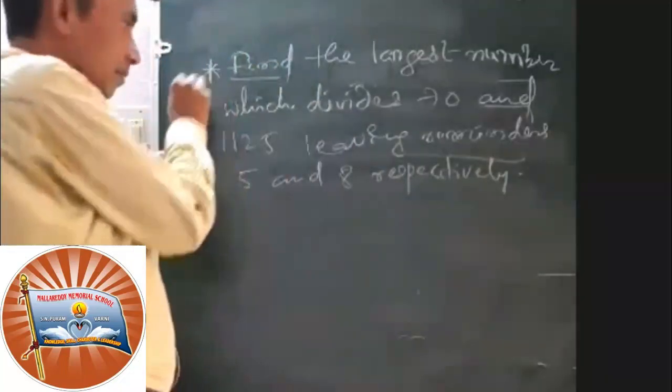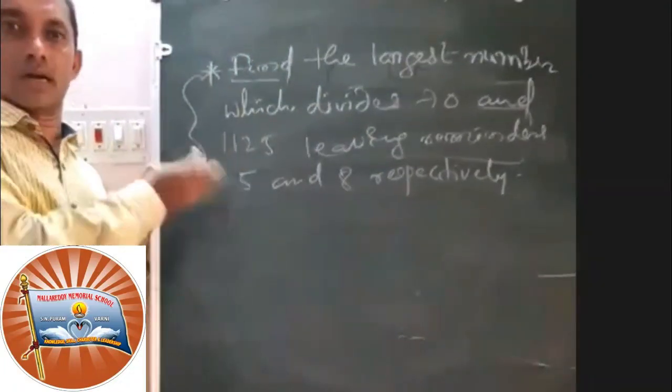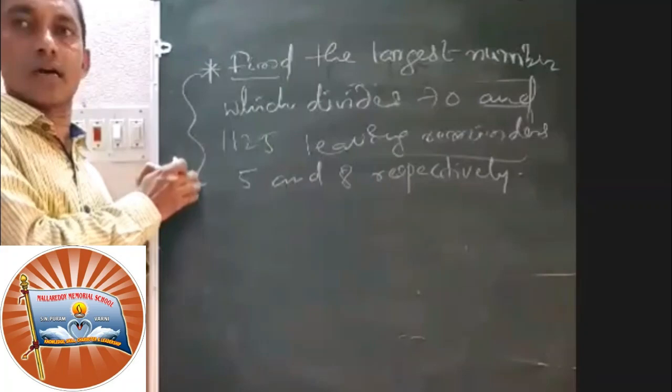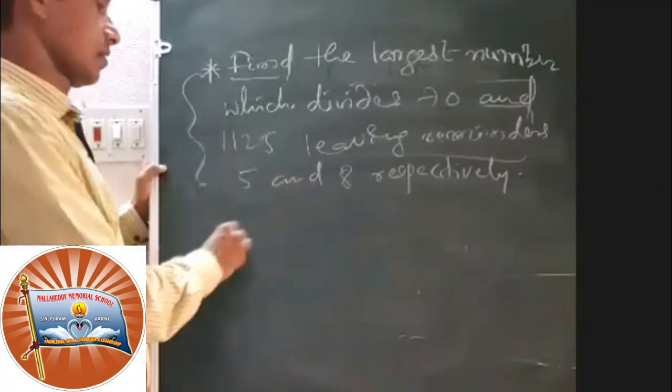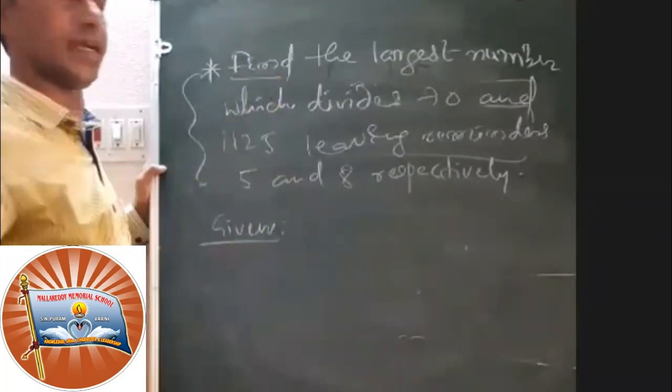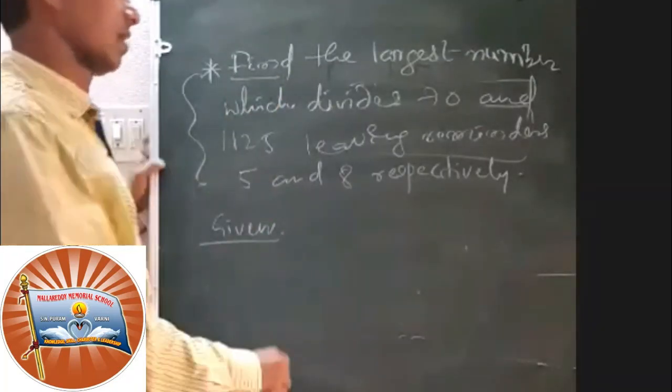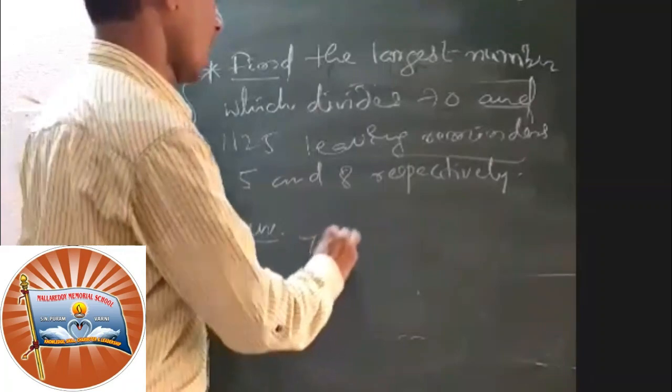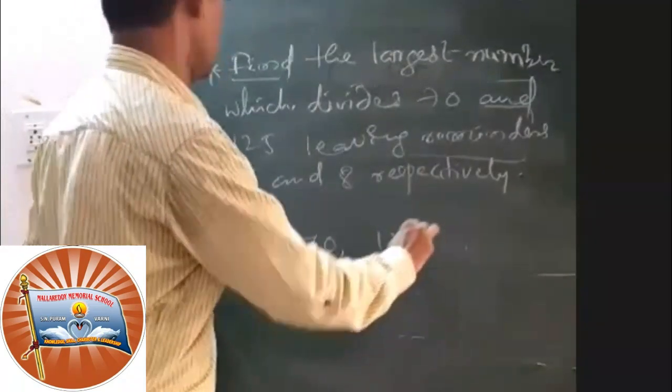So this is the same question we discussed earlier. So what is the question here? What are the numbers given? First of all, whatever it may be, please write the heading Given in the examination. What are the numbers? 70 and 125.